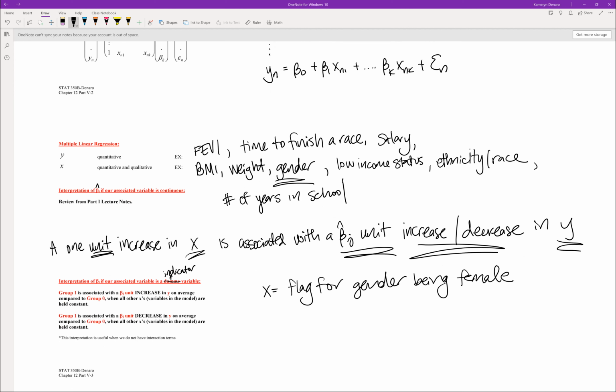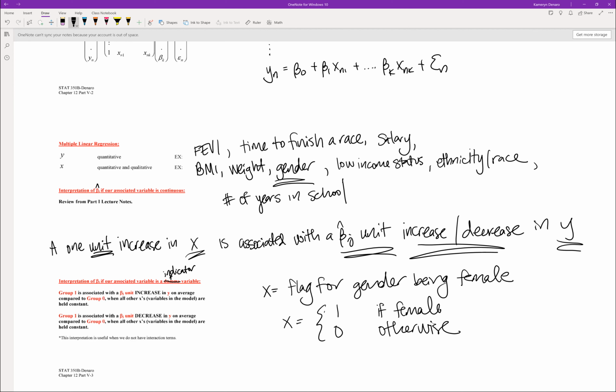X is going to equal 1 if female, and it'll equal 0 otherwise. This is an indicator variable because I'm indicating who's female and who is not.